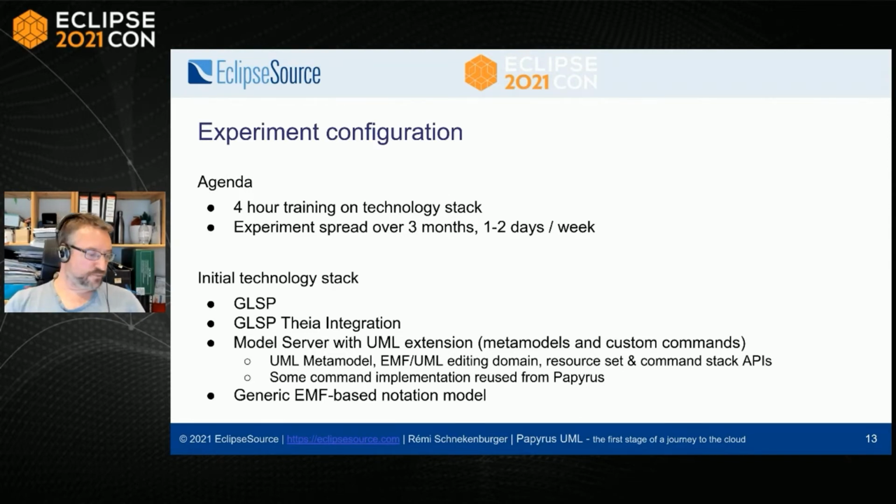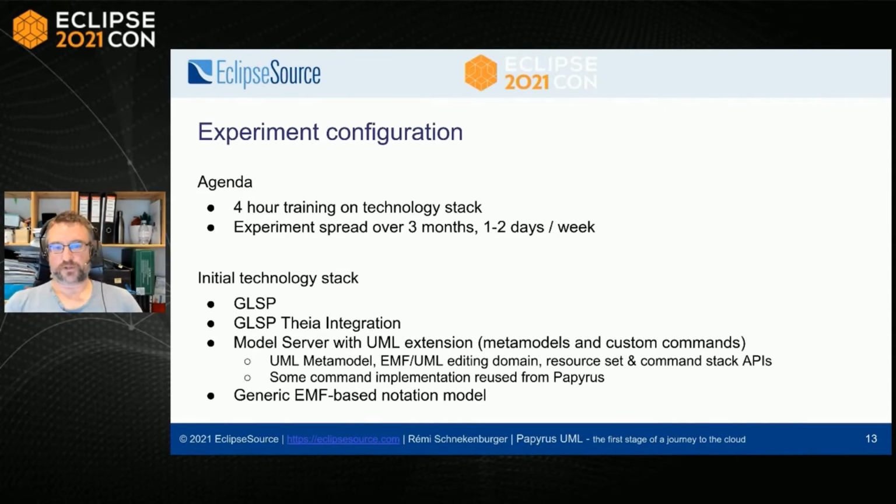We had already provided the following technology stack as an initial setup. All of them had a Theia-based IDE with GLSP and its integration within Theia. The model server was already configured with the UML extension. That means the UML metamodel was already available, and they had an EMF UML editing domain with specific commands and the resource set that allows managing UML models within the Eclipse and EMF environment.